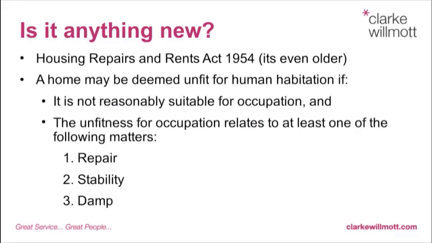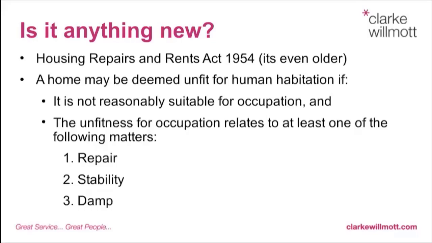But the reason we've only mentioned the Housing Repairs and Rent Act 1954 was that was the first occasion where the definition of what was unfit for human habitation was actually defined. And it did it by reference to 8 things that, if present, would make the property unfit for habitation.